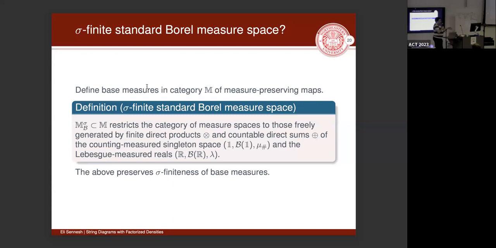But the actual fun thing is that when you get down to it, this is just 2 spaces, the singleton space, the Lebesgue measured reals, and then direct products and direct sums of those. That's it. So given a whiteboard over here, I could write down a very nice endofunctor, and we could talk about its algebras and coalgebras, and that's sort of in the future work.